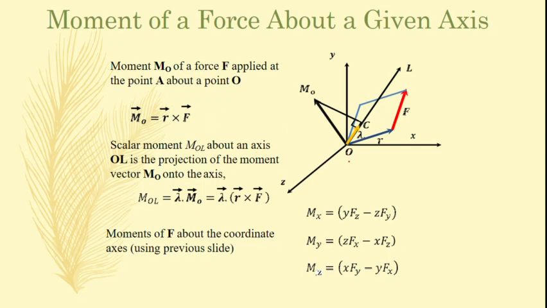First, we have to calculate the moment about O, that is r cross F. Then we have to take the dot product of this moment with the unit vector which acts along this line OL.